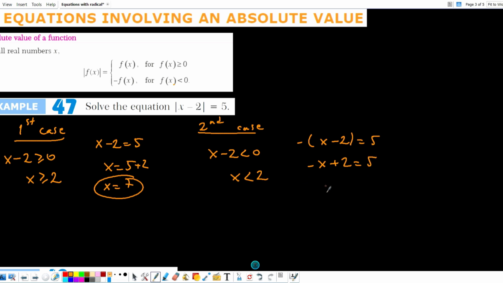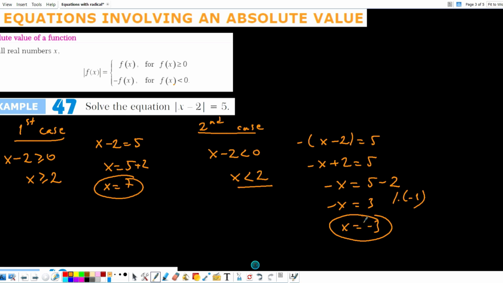Unknowns on one side, knowns on the other side. Minus x is equal to 5 minus 2, so minus x is equal to 3, then I'm multiplying by minus 1, so x is equal to minus 3. Minus 3 is less than 2? Yes, it is. So this one is our second solution.